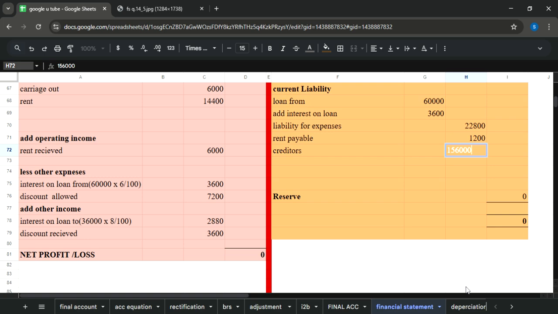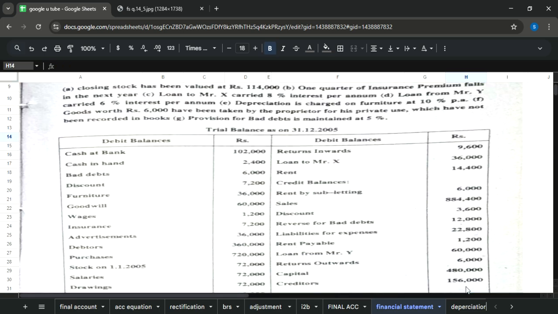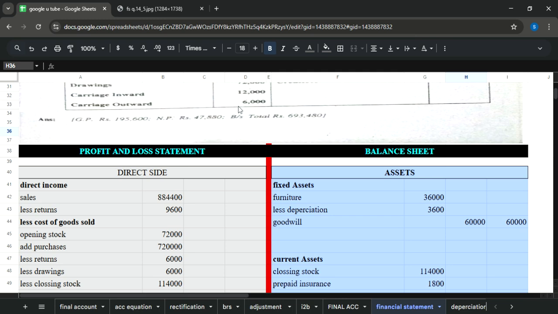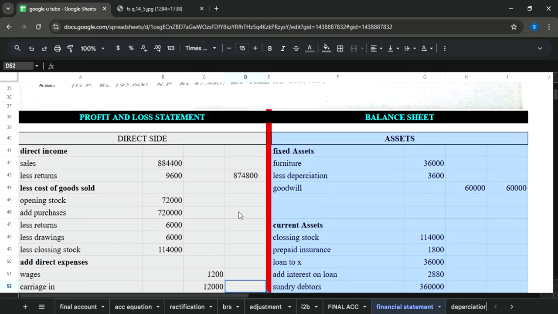In this way, guys, all elements present in the trial balance have been posted in our account. All adjustments are completed. We are now ready to sort out our calculation. So step by step, first of all, we will go for sales. This was the amount of sale, and then you will subtract returns. Net sales ready.